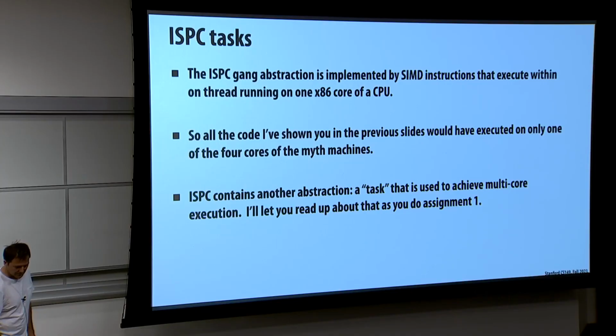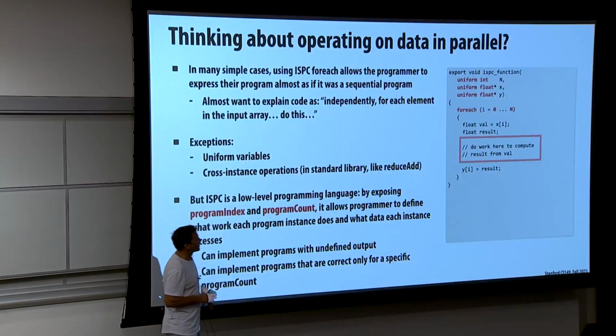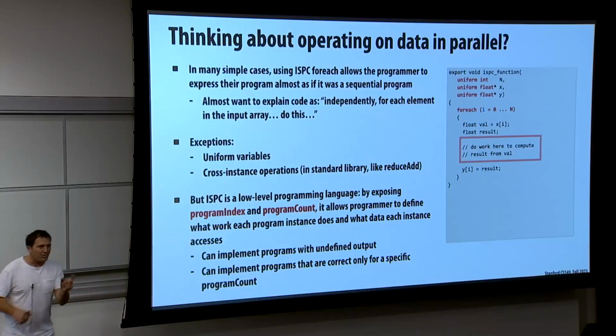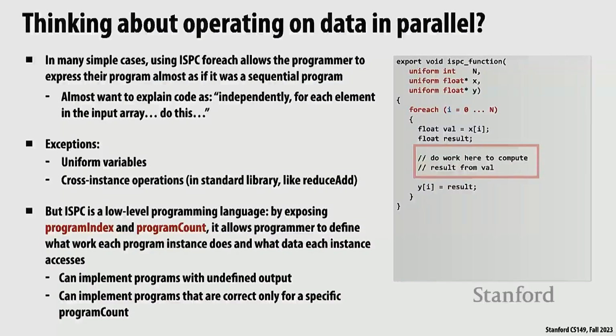Now, one thing that I'd like you to mull over a little bit is this: if we're not using any of these cross-lane operators, if we don't have to have these program instances communicate at all, which most of the time we don't, and if you're using foreach, I don't even ever think about program instances or program count at all. I just say, here are my loop iterations.